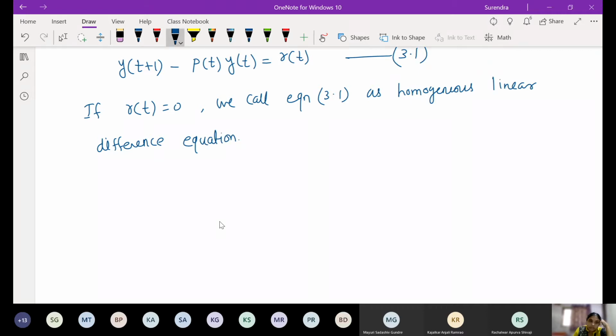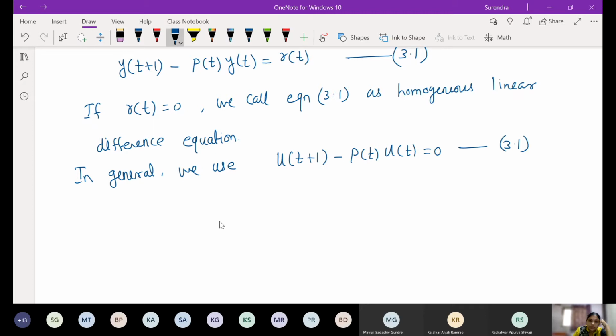If r(t) is non-zero, then it is called a non-homogeneous first order linear difference equation. In general, we write u(t+1) minus p(t) u(t) equals 0, numbered 3.1 dash, and we use this equation as the homogeneous linear difference equation.